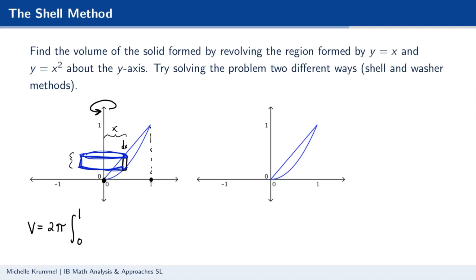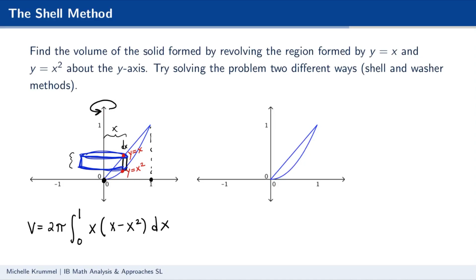That vertical distance, you need to do the top y minus the bottom y. So the top y is y equals x, and the bottom y is y equals x squared. So our setup here, it's radius times height, x minus x squared, times dx. Okay, and that will give us our volume.